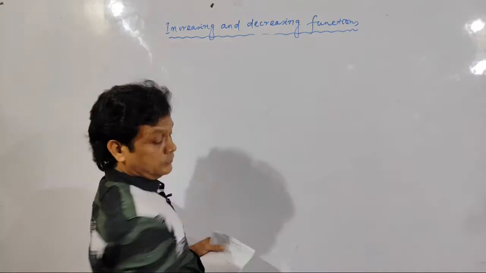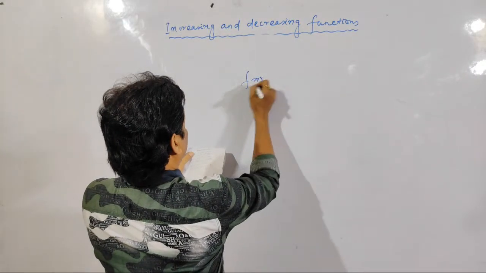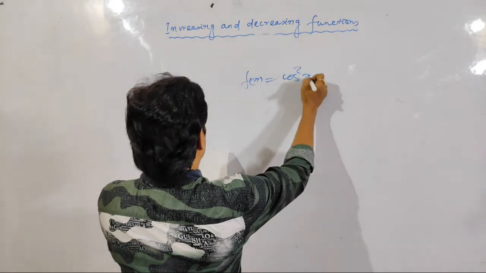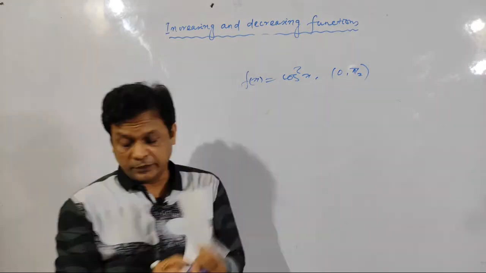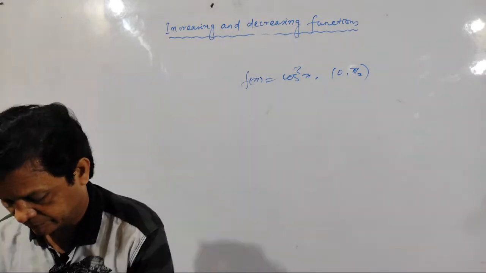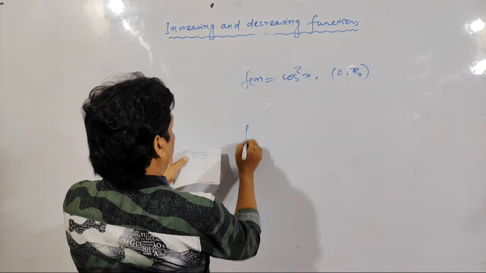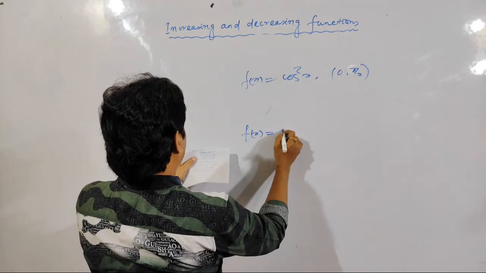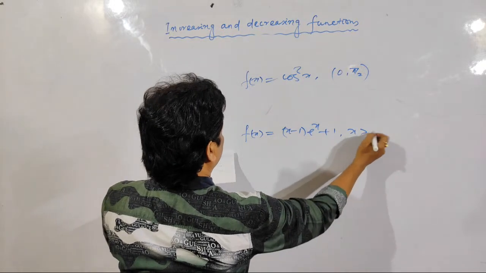Then another question. Who can tell me? Cos square x on 0 to pi by 2. Please tell me the answer. I am giving you some questions. Number 1: f of x is equal to x minus 1 into e to the power x plus 1 when x is greater than 0.